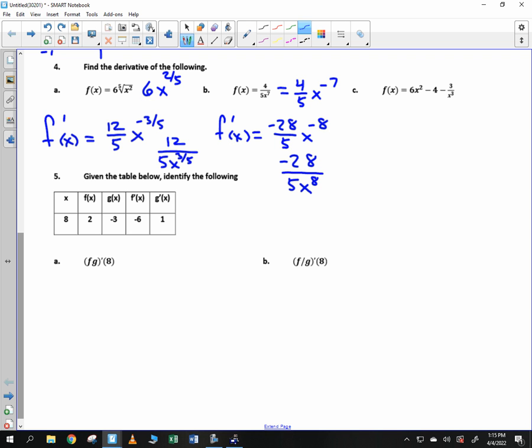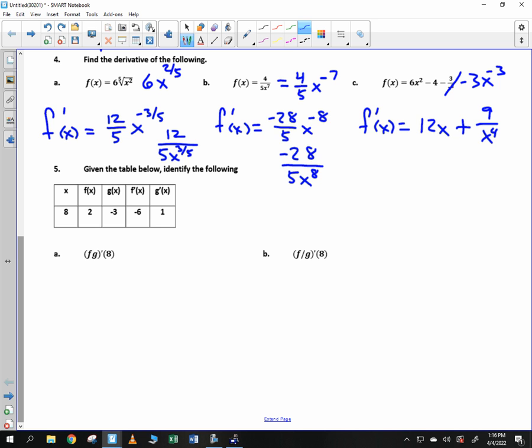And for this one, I'll just rewrite 3x to the 3rd as 3x to the negative 3rd. So what's the derivative of 6x squared? 12x. What's the derivative of 4? 0. And the derivative of 3x to the negative 3rd is negative 9x to the negative 4th, plus 9 over x to the 4th. Good.